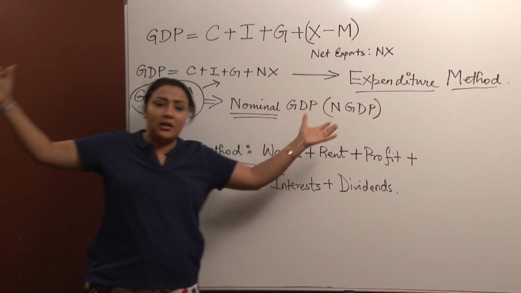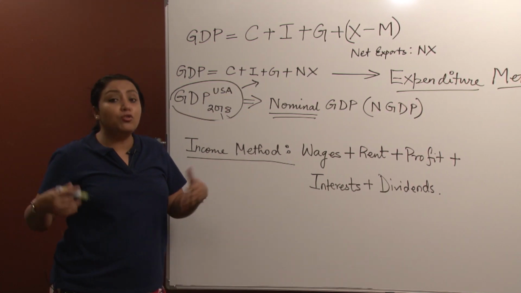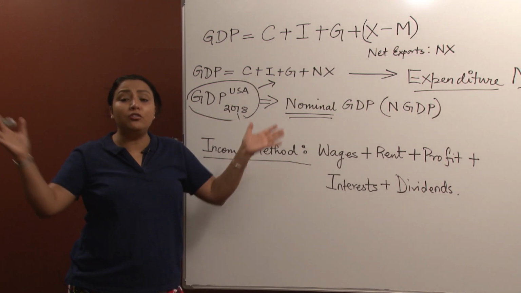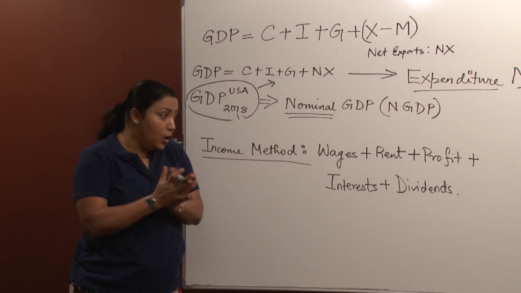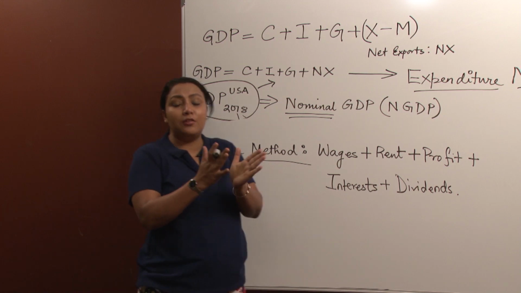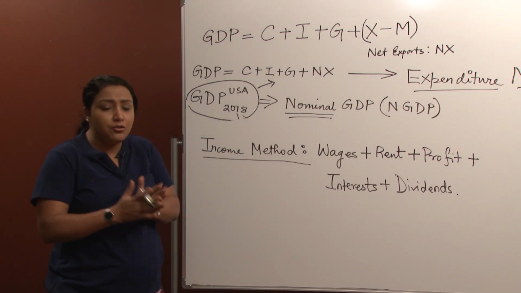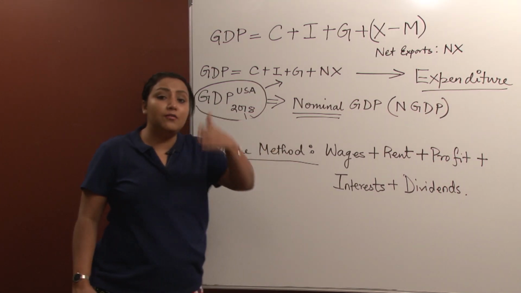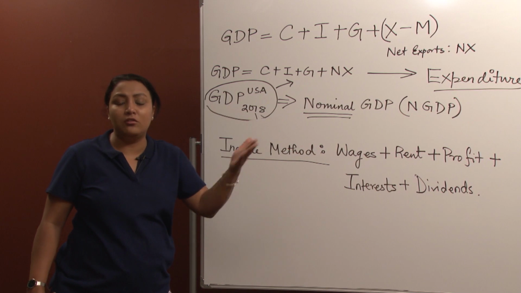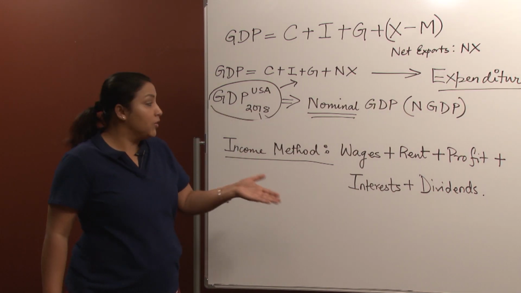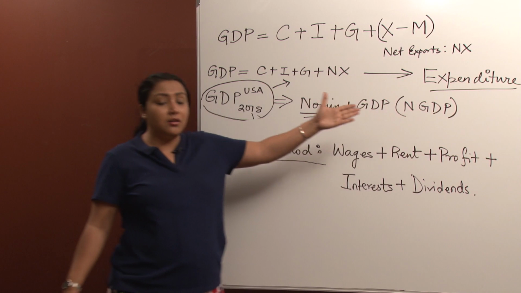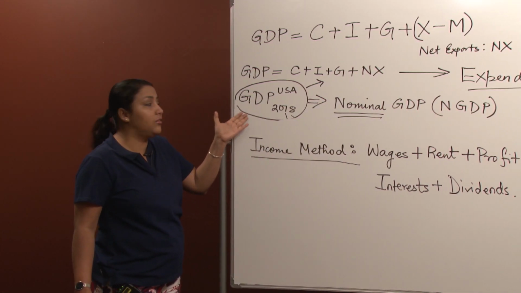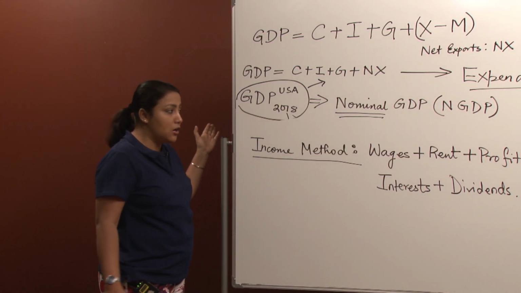So, broadly speaking, you could divide the sources of income into wages, rent, profit, interest and dividends, and when you sum up all the wages, all the rent, all the profit, all the interest and dividends earned by the residents of a country, then it roughly gives you the GDP number, because all that income eventually gets spent on goods and services that are produced in the economy. So, the income and the expenditure method are roughly similar in the sense that they should numerically give you the same number, that is the nominal GDP of the country.